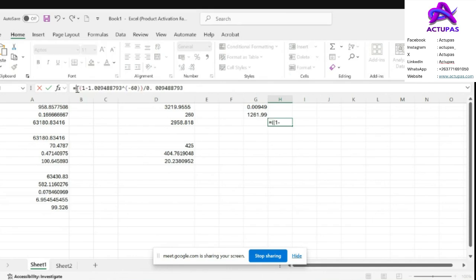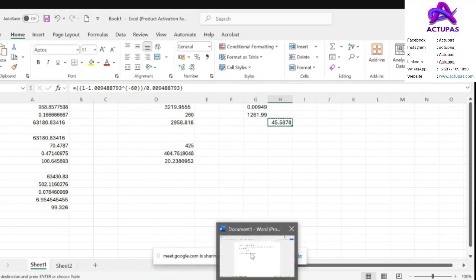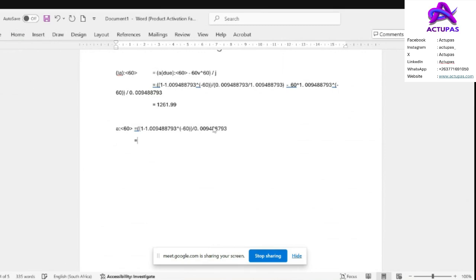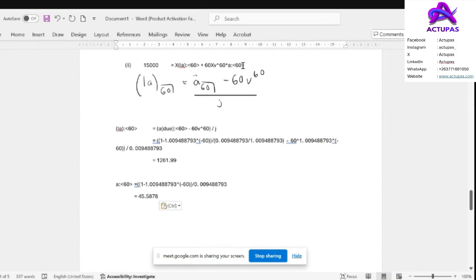So this is your a60. And we now have your (IA)60, and we have our a60. Now we can just input it all in our formula, this formula here. Copy it here, paste it there.